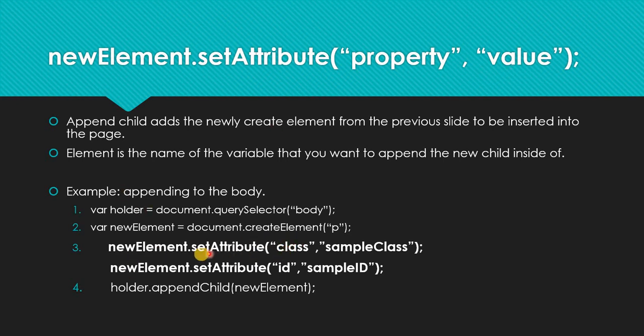So, for example, with this new element's set attribute, we pass in the class property, and we're giving it the class name there. Same with ID. You can use set attribute multiple times for the element you're wanting to modify, and you can do it before or after you append it with append child, which is next.